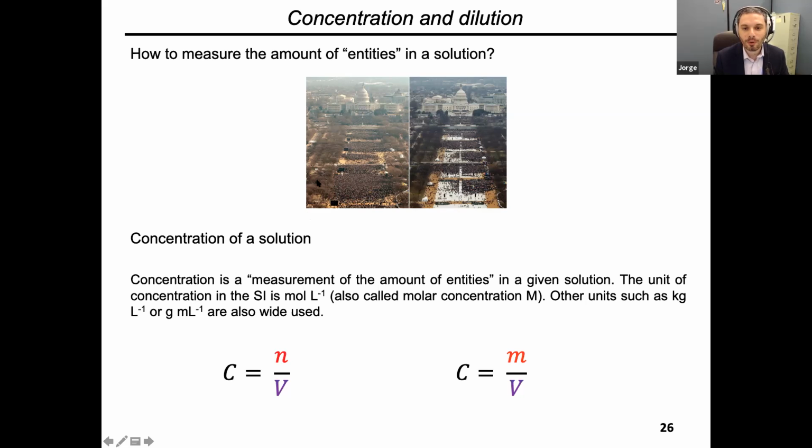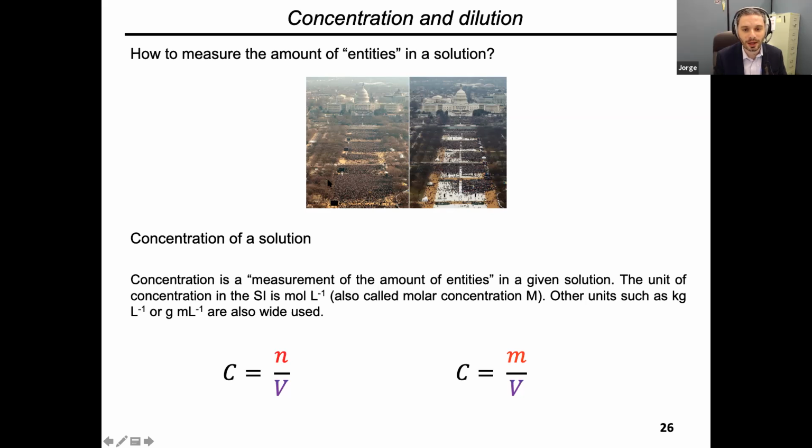Okay, so comparing the picture on the left with the picture on the right side, we can see that the picture on the left side has more people in the same area than the picture on the right side.